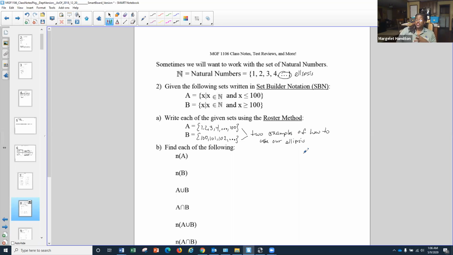Now you can change these numbers and do it whatever you like. So your ellipse can be put in between two things, expanding in between. It could be coming from the front, going, or the back. Usually the front isn't necessarily for sure, because remember, you've got to always establish a pattern.